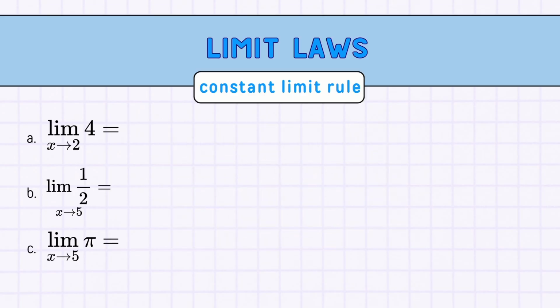We have the limit of 4 as x approaches 2. Again, the constant will be our answer, so still 4. For B, 1 half, or 1 over 2, is still a real number, so it will be our answer. What about letter C? Pi is still a real number, therefore our answer is pi.